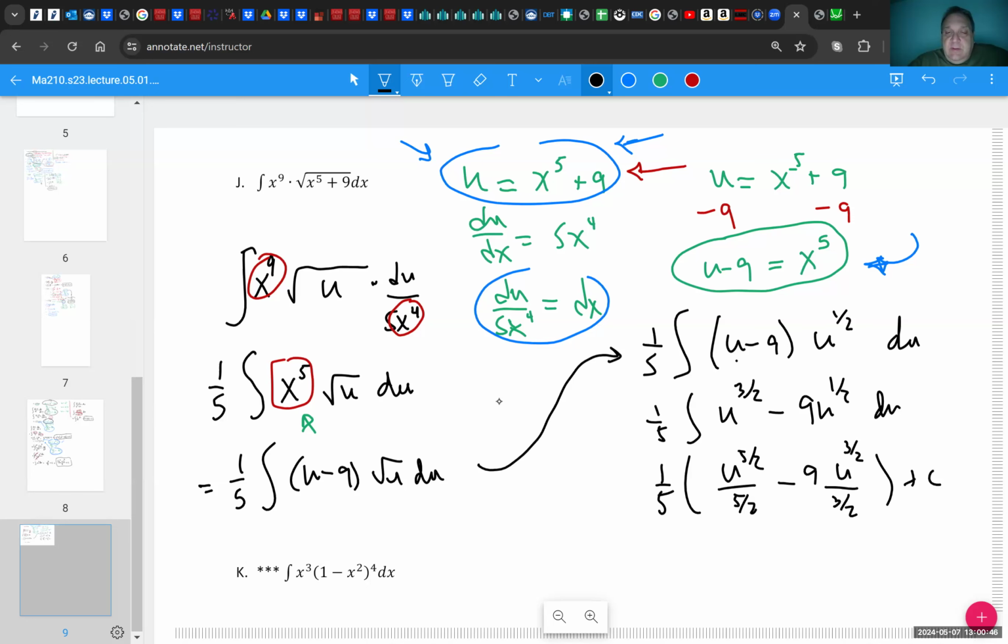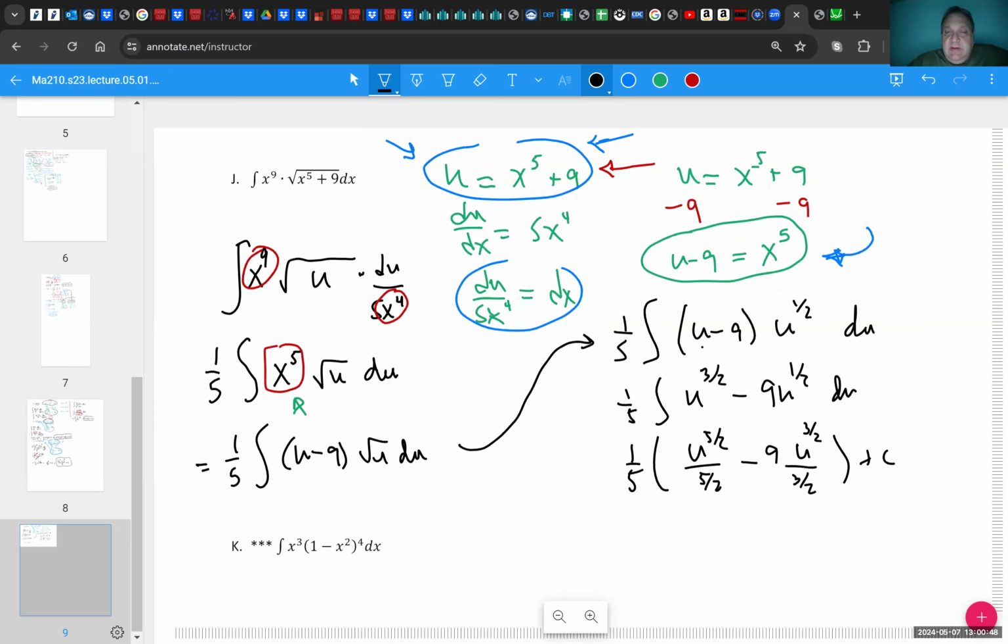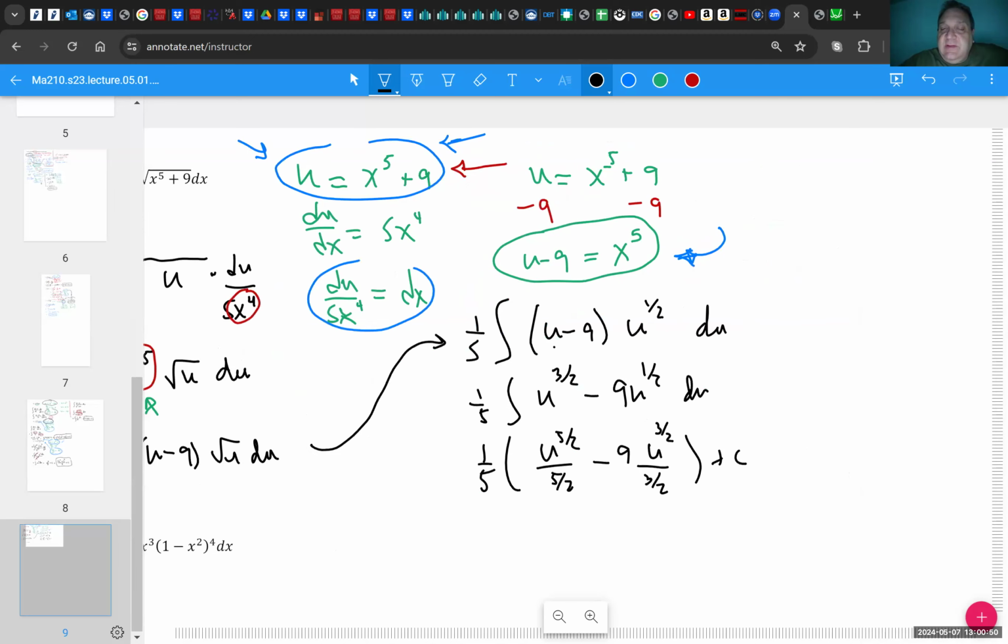All right, so almost done. I just need to simplify this answer a little bit, combine like terms together, and then rewrite my final answer using the original variable x instead of this new variable u. All right, so I get 3/5 times 1/5, so this becomes 3/25 u to the 5/2.